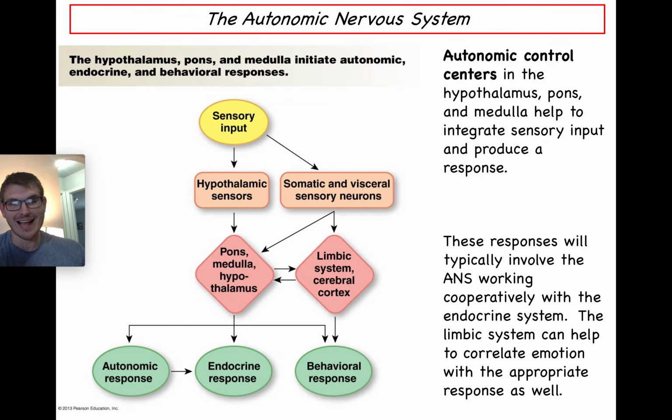Oftentimes, and you can see from this flow chart how complicated it looks, whatever your sensory input is, you pick that up in one of your autonomic control centers, whether it's the pons, the medulla, or the hypothalamus. Not only are you going to send an efferent signal out to whatever your intended effector is going to be, you're also going to likely coordinate things with the endocrine system.